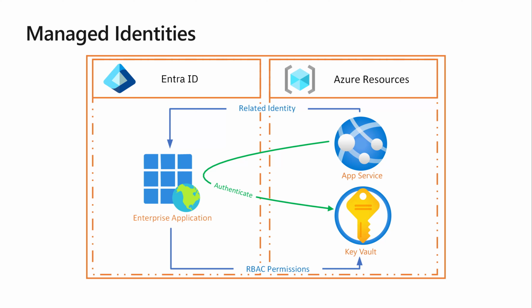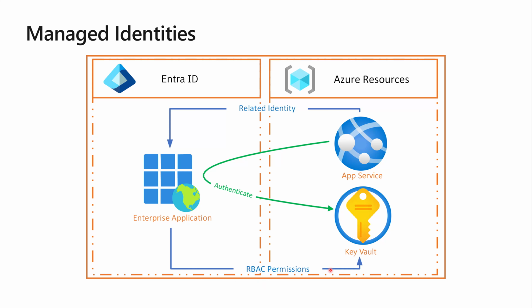The idea of managed identities, as you can see in here, is we have, for example, an Azure resource like an app service, and I want this app service to get stuff from a key vault, which is exactly what we want to do. We're going to create an enterprise application in Entra ID, which is our managed identity. With that managed identity, we're going to be authorized.